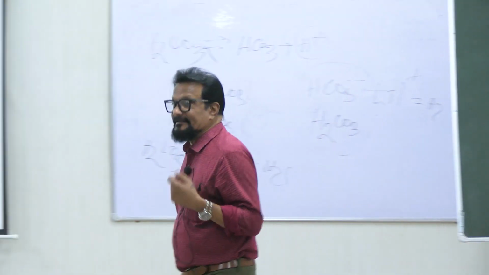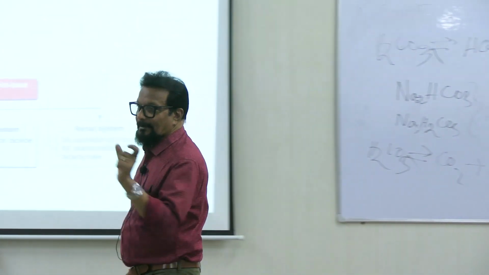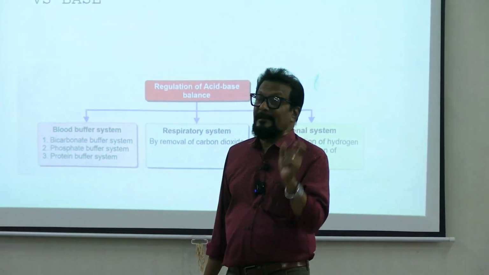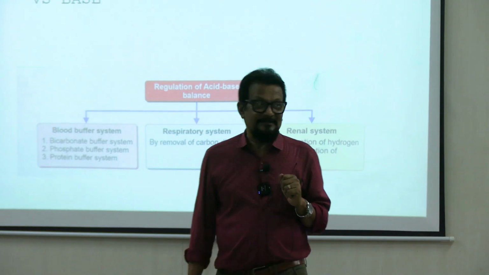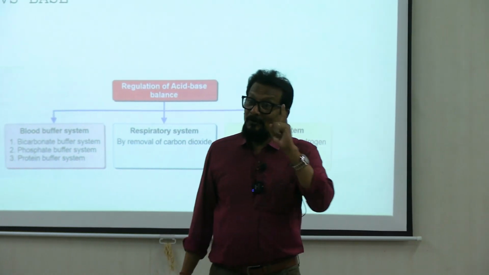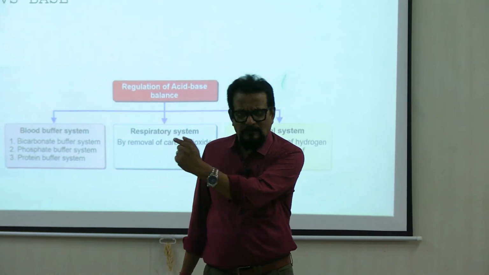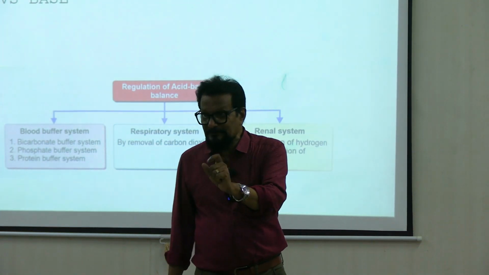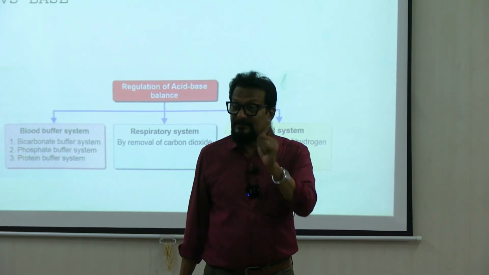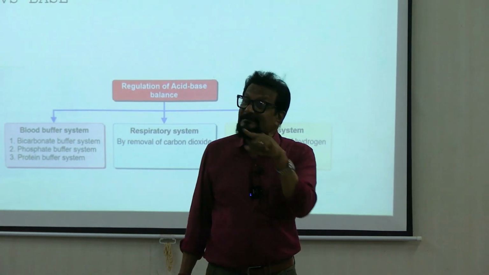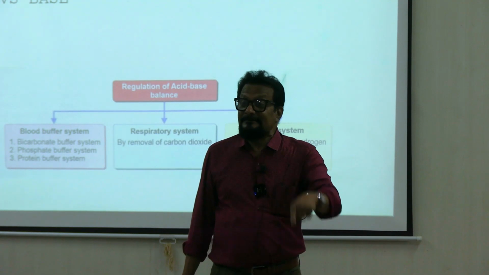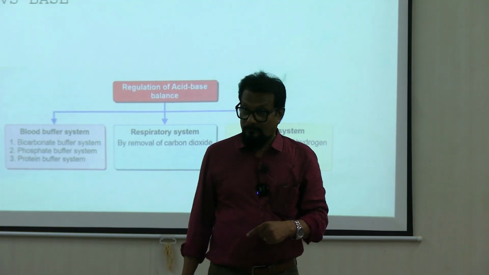When we were discussing the development of resting membrane potential, inside is more negatively charged. Why? Phosphates are not easily permeable, so they remain within, and proteins are negatively charged. Chloride is more outside, less inside, but these ions are relatively more inside.